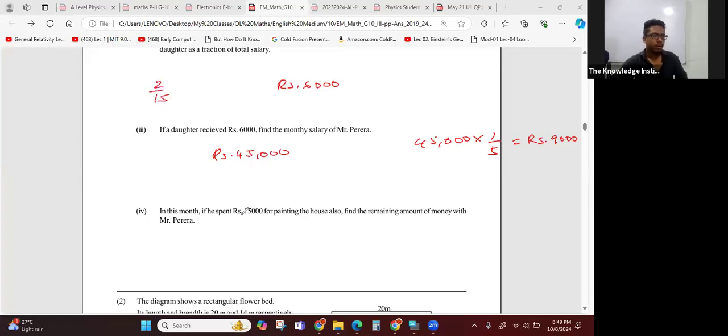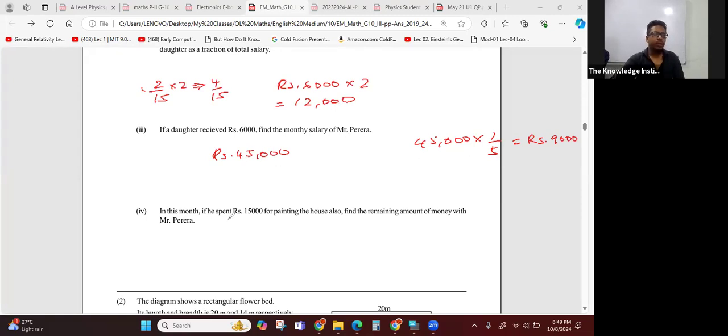So for both the daughters, it will be 6,000 into 2, which is 12,000 rupees. Then as a fraction, into 2 will be 4 out of 15. These are the informations we know so far from previous questions.